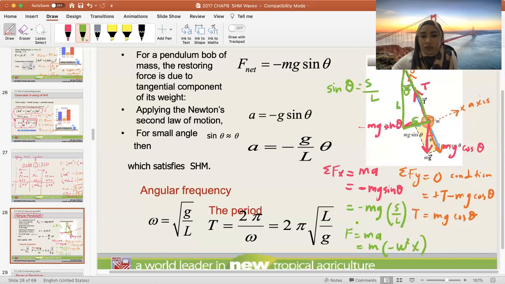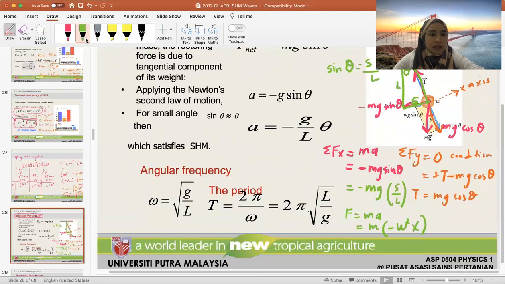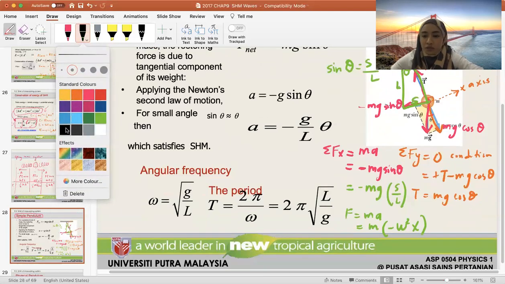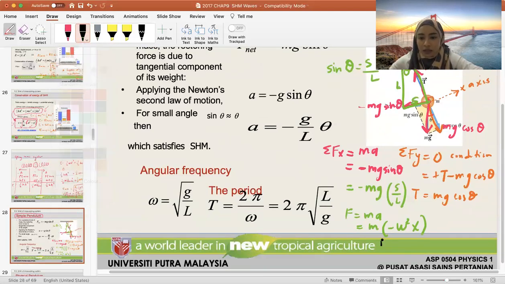So when I equate these two together, I get minus mg S over L equals to minus m omega squared x.